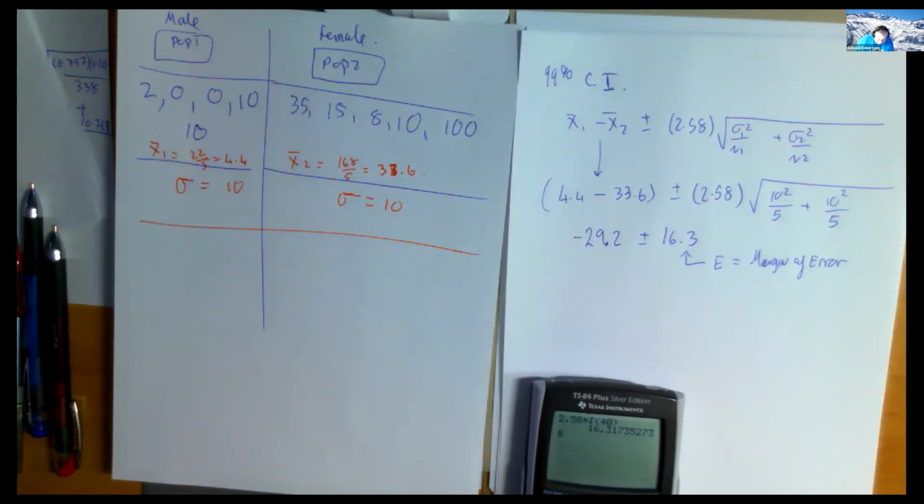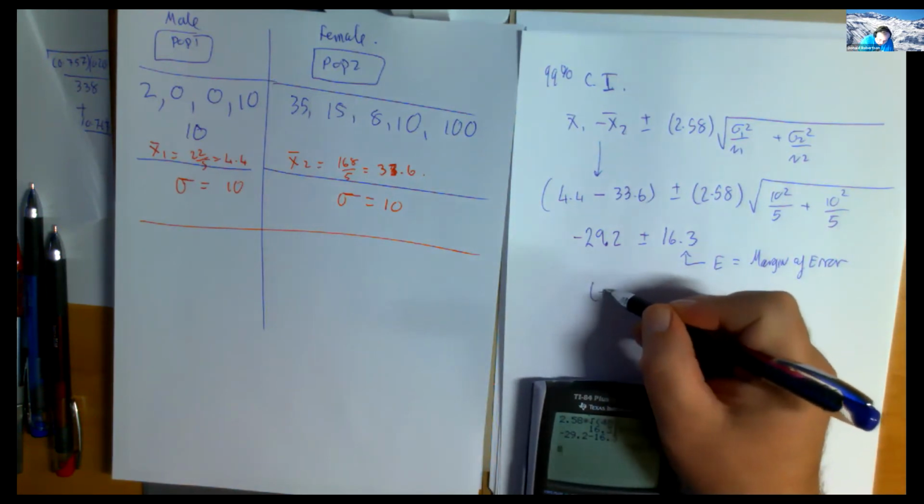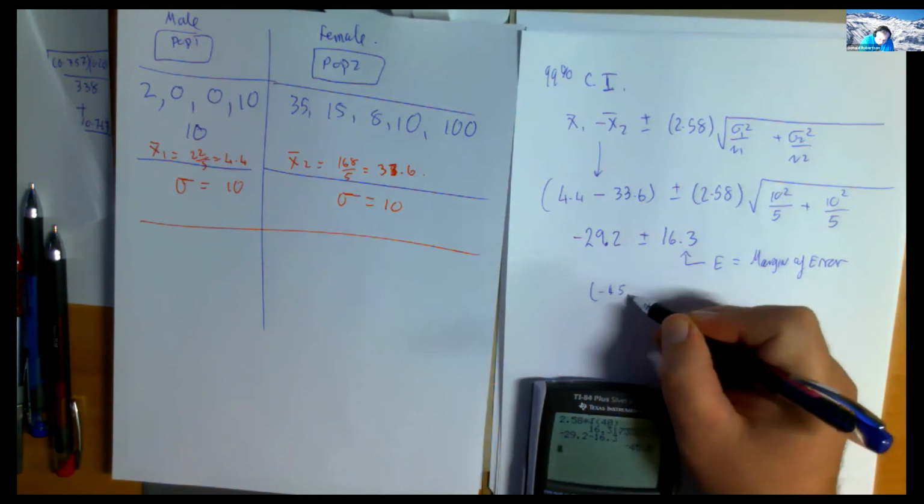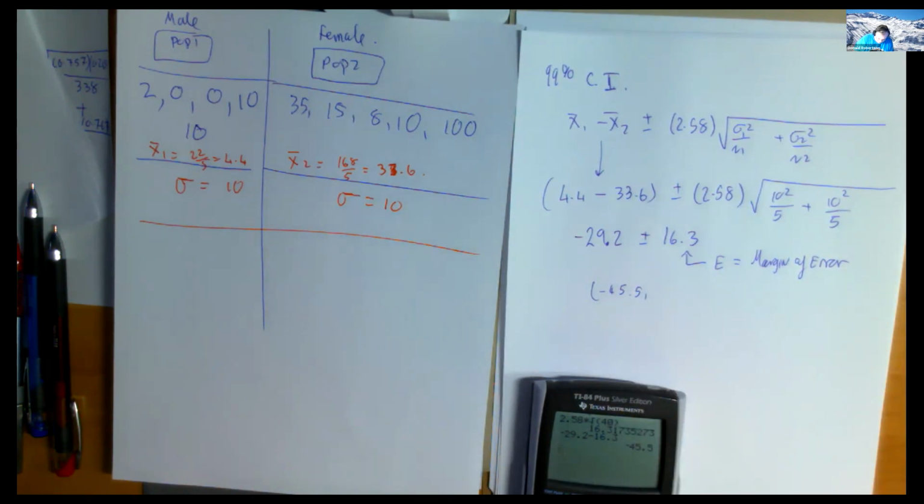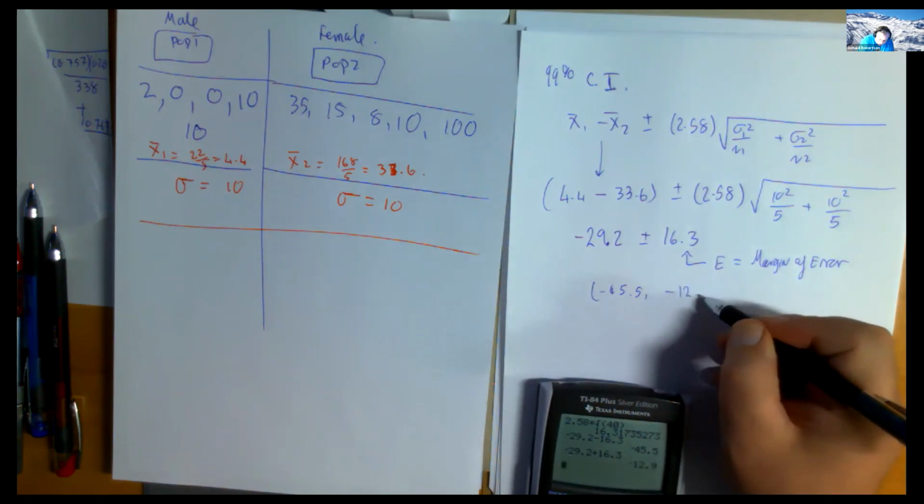All right, if you take negative 29.2 and you subtract 16.3, you get negative 45.5. And if you take negative 29.2 and you add 16.3 to it, you get negative 12.9.